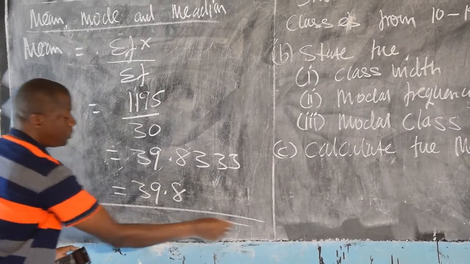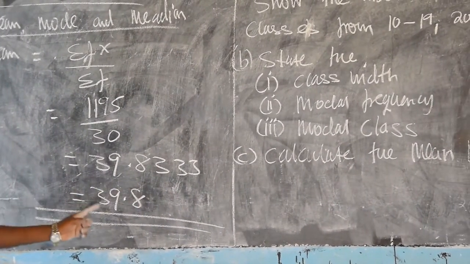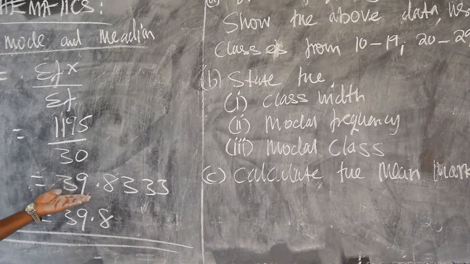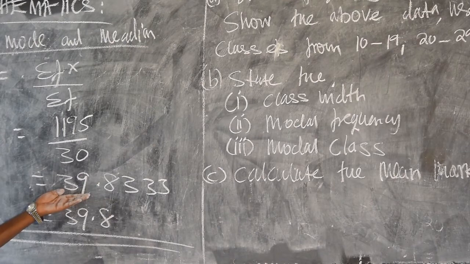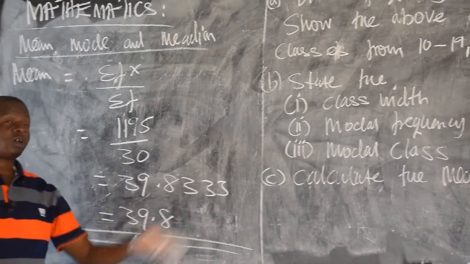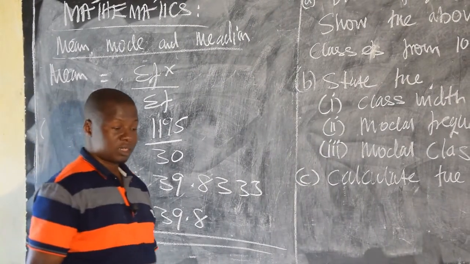Avoid giving premature answers. For example, this one is a premature answer. It will be a mature answer given that you have given 39.8 recurring to 4 decimal places or to 3 decimal places, like that.